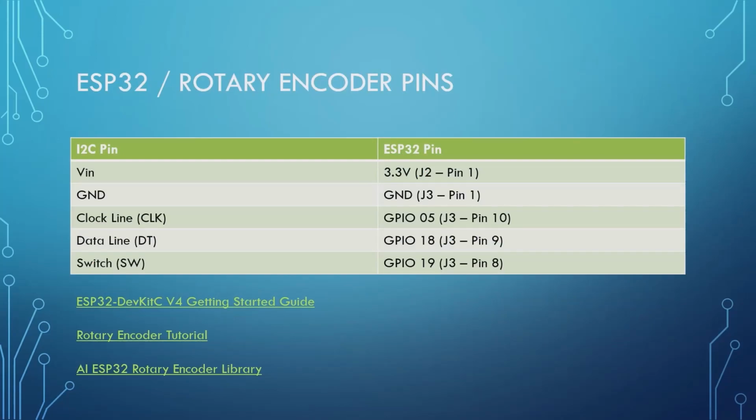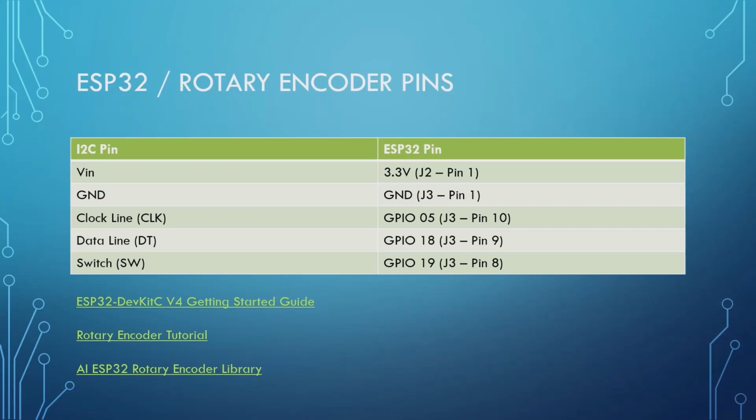These are the pins that we're going to use. Because this is not an I2C device, we've got to set up a different serial interface to it. We've got a clock, a data, and a switch, and we're going to use 3 other GPIO pins to interface with it.